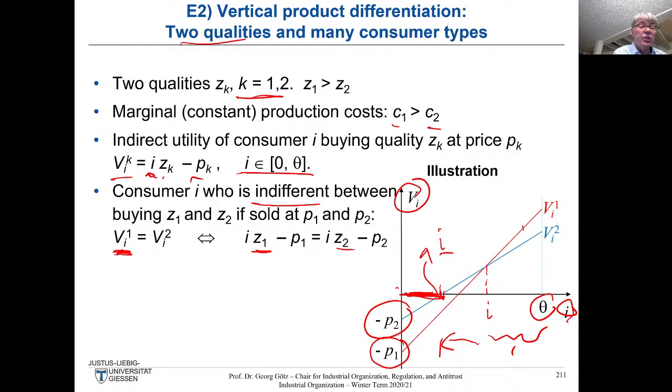The first segment is this here, where all these consumers buy the high quality, these consumers here buy the low quality, and these consumers here with the very low valuation of quality don't buy anything. That's what we get.